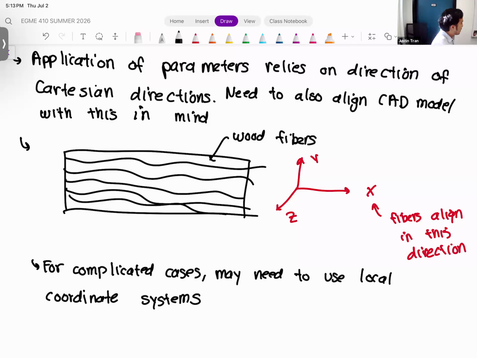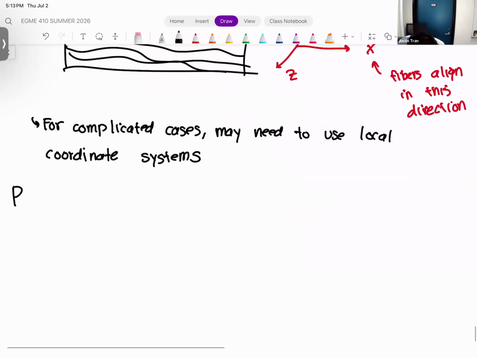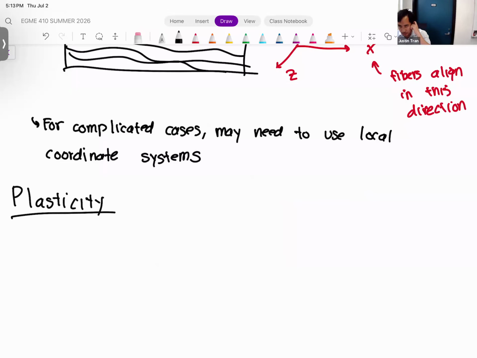Next thing I want to cover with respect to material properties is plastic deformation. So let's rewind a bit and go back to assuming that our material is isotropic and linear.